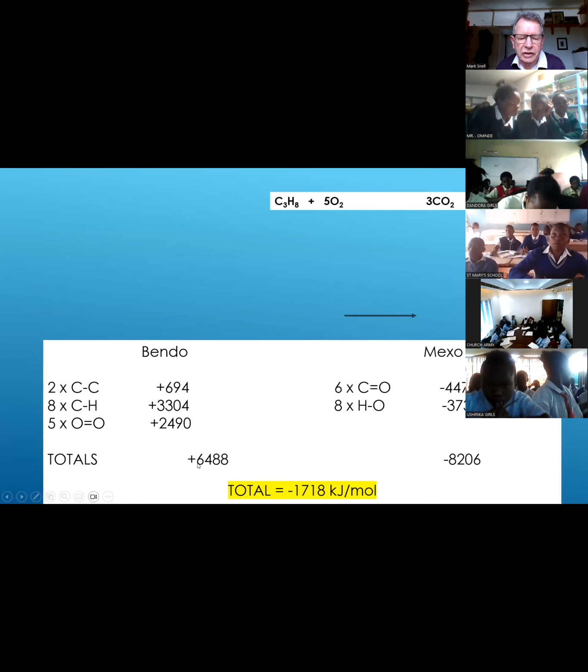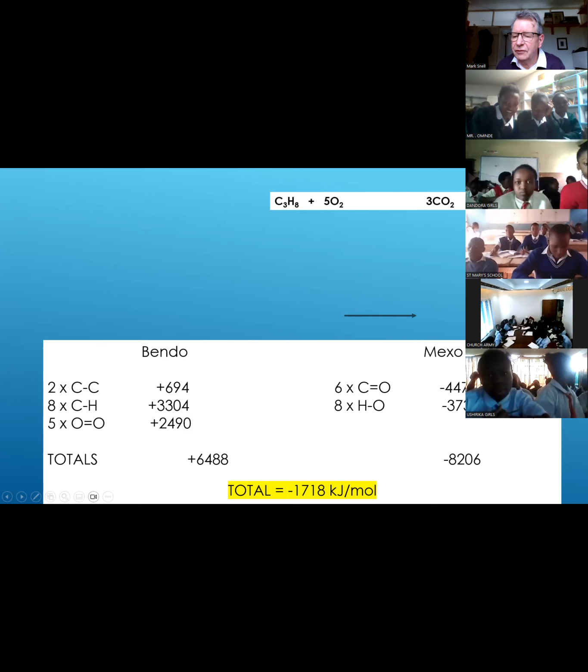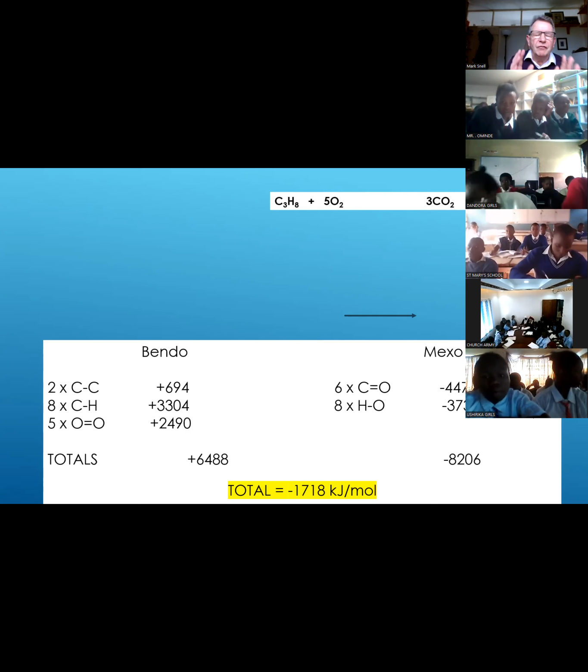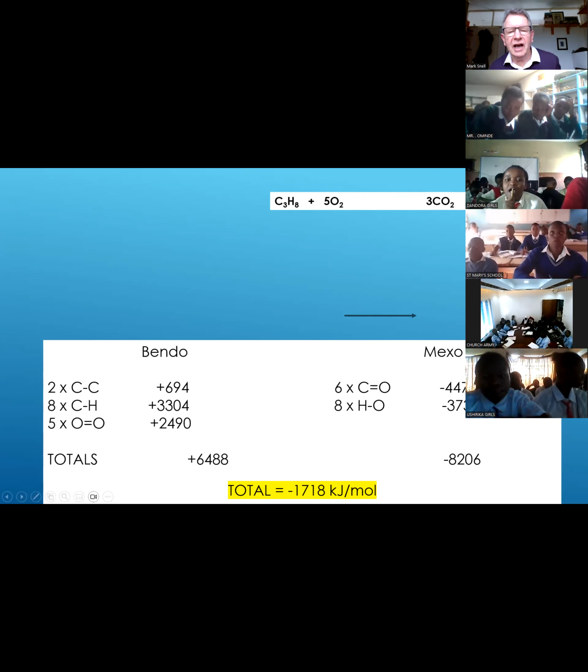Then I just add those numbers together: positive 6488 and negative 8206. If you want to write down the numbers, there they are. So the total is negative 1718. People got close, but you need to be very, very slow and careful. I'm very happy if you want to write it down.